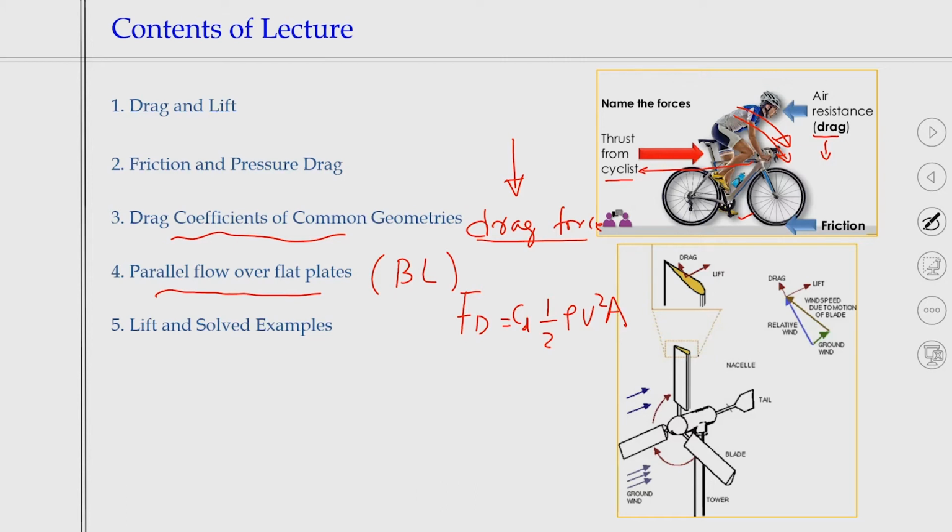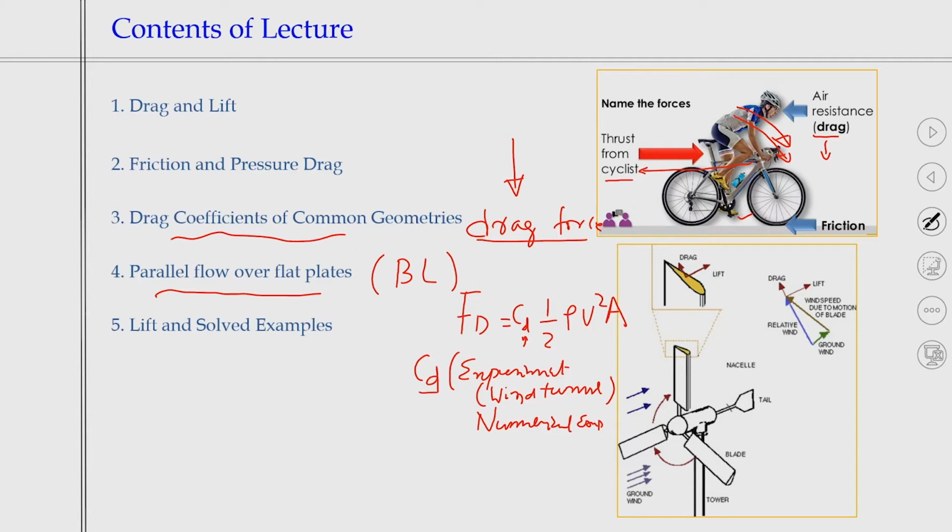Basically, this drag coefficient we can get from experiment, by conducting a wind tunnel test, or we can do a numerical experiment to estimate the CD value.